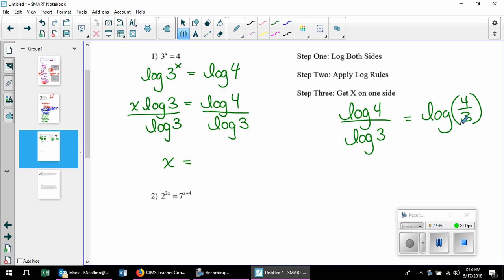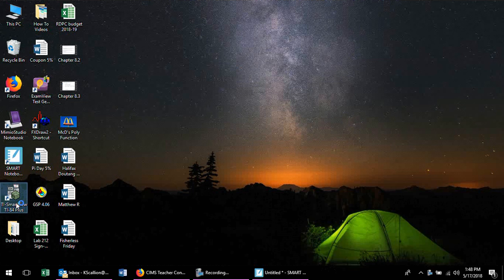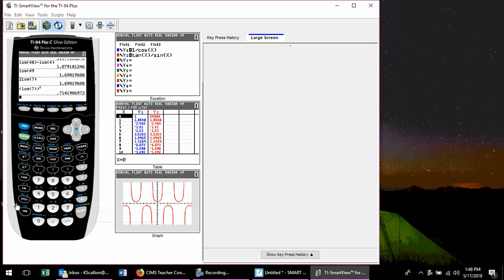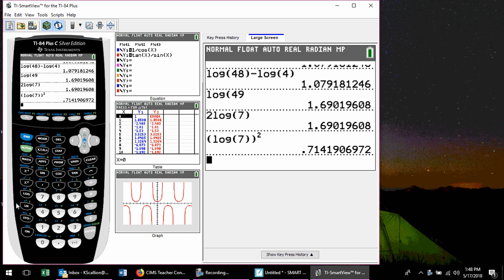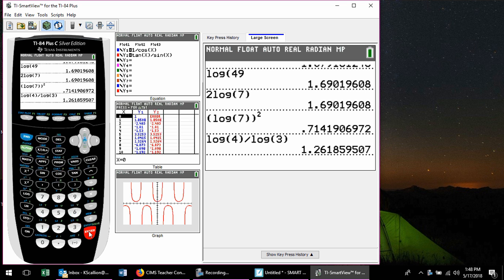So if you put this in your calculator, we did log 4, close my brackets, divide by log 3, close my brackets, and I get 1.26.